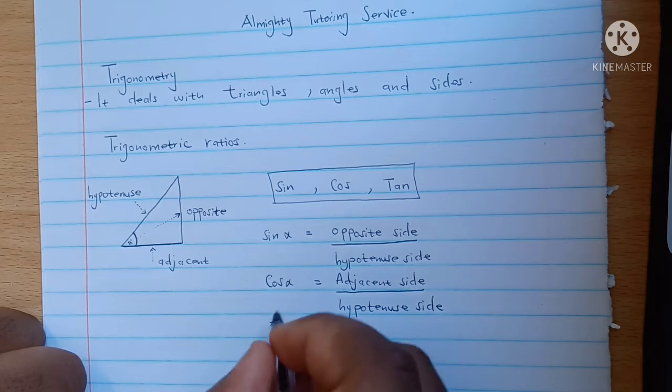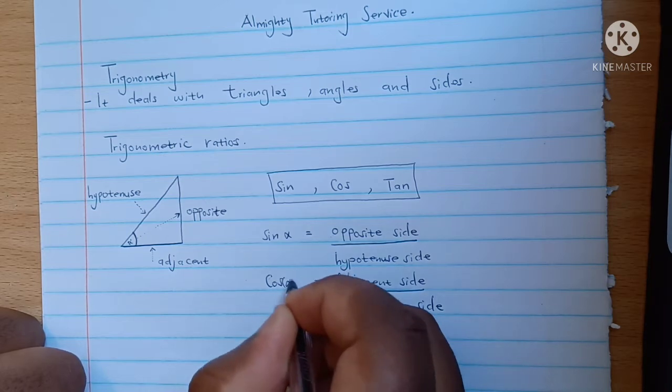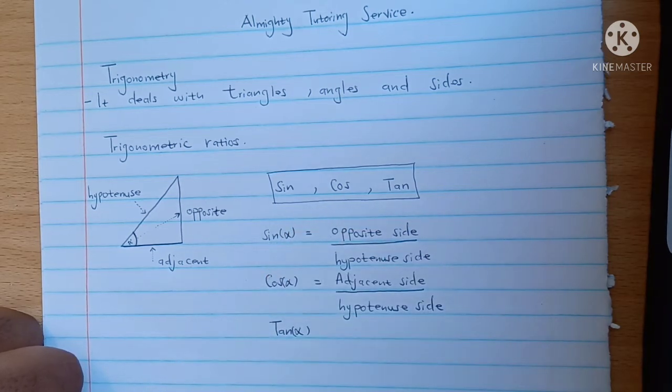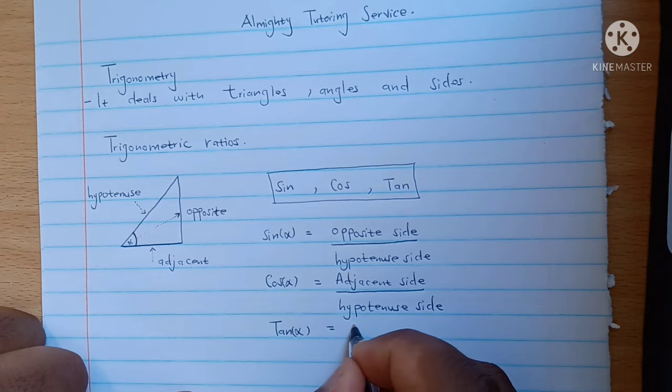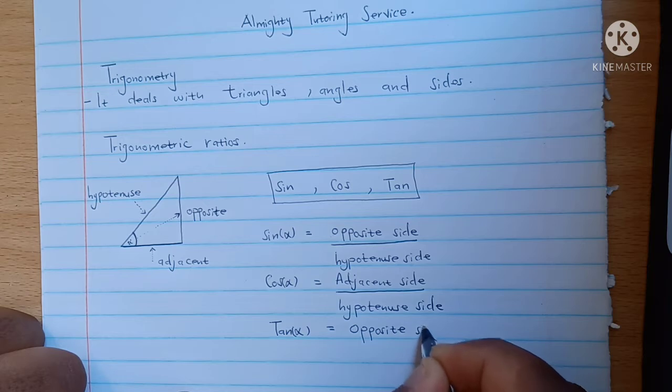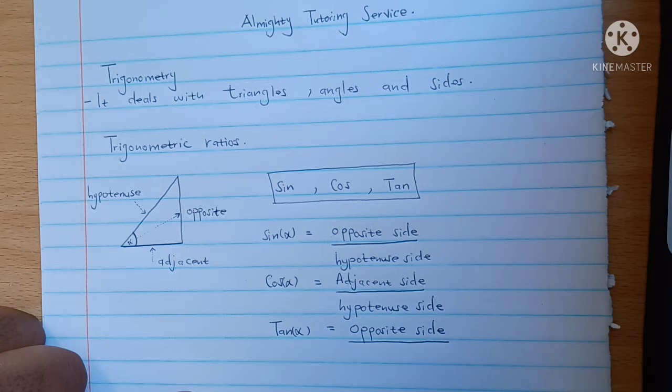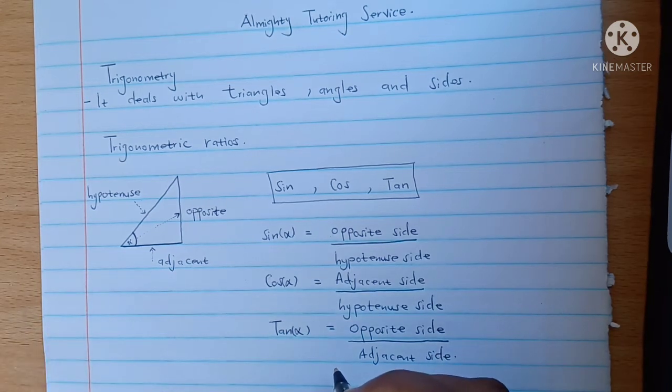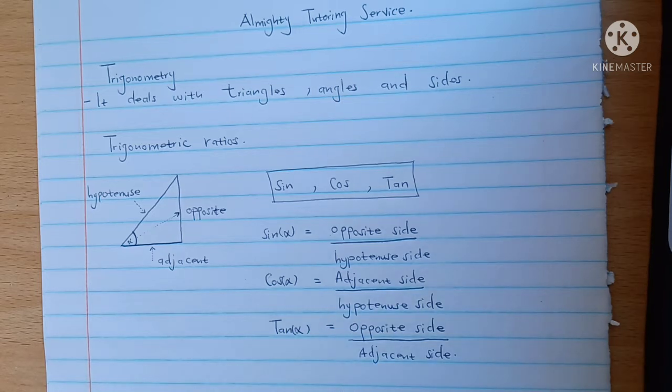Then last but not least, we have tan alpha, right? Tan of alpha is equal to the opposite side divided by the adjacent side.